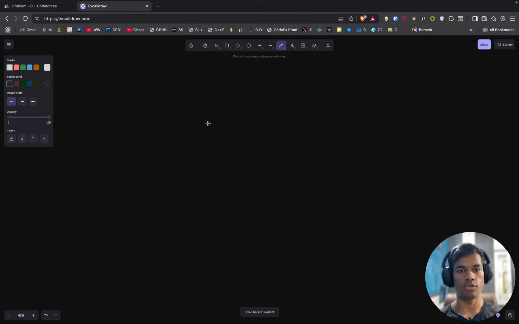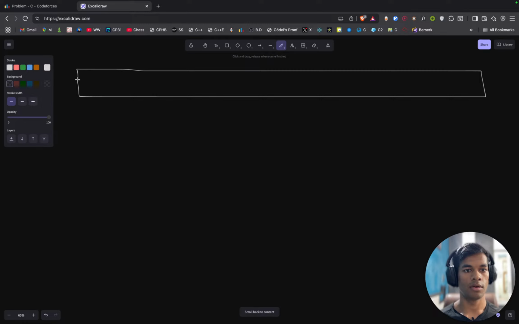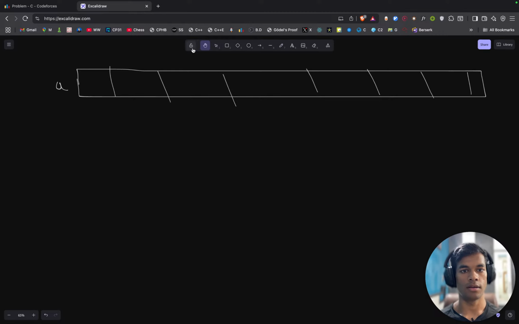So to explain the question here, there is an original array A. It has some elements, right? Quite a few elements.